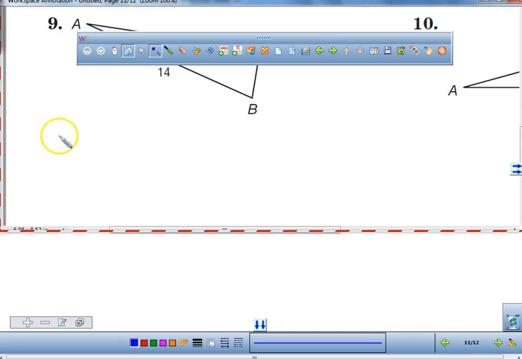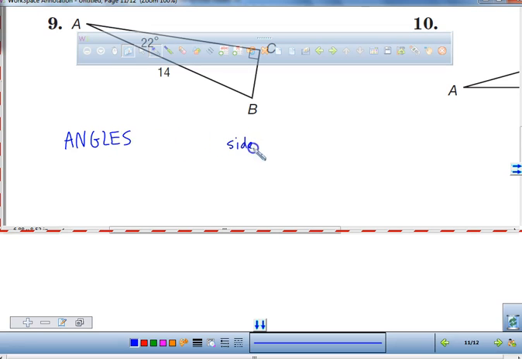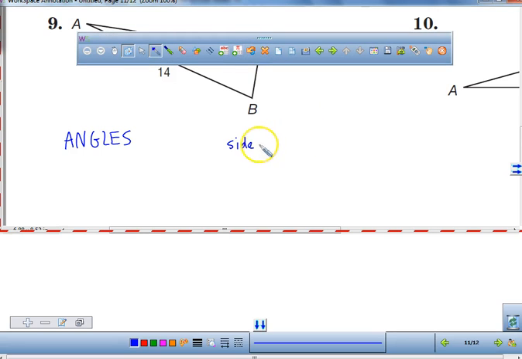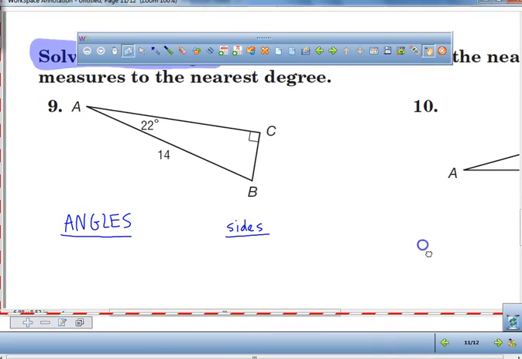So listen, this is what you got to do. You're going to find the measures of all the angles of the triangle. I'm going to write that in capital letters. And I'm going to write in lowercase letters. You're going to find all the sides of the triangle. So here we go.